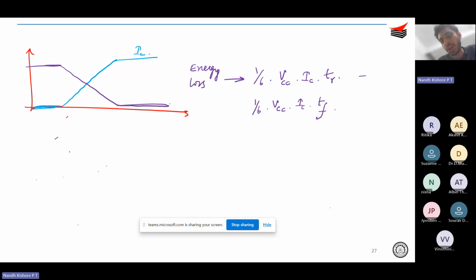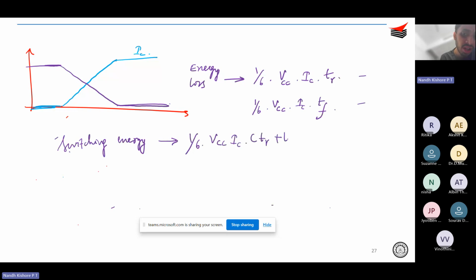So this is during turn on and this is during turn off. If you sum this up, the total switching energy will be 1 by 6 VCC IC into TR plus TF.